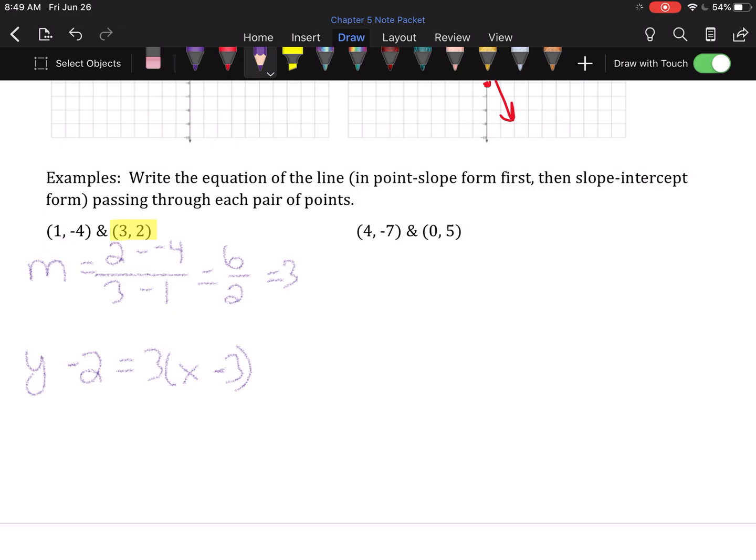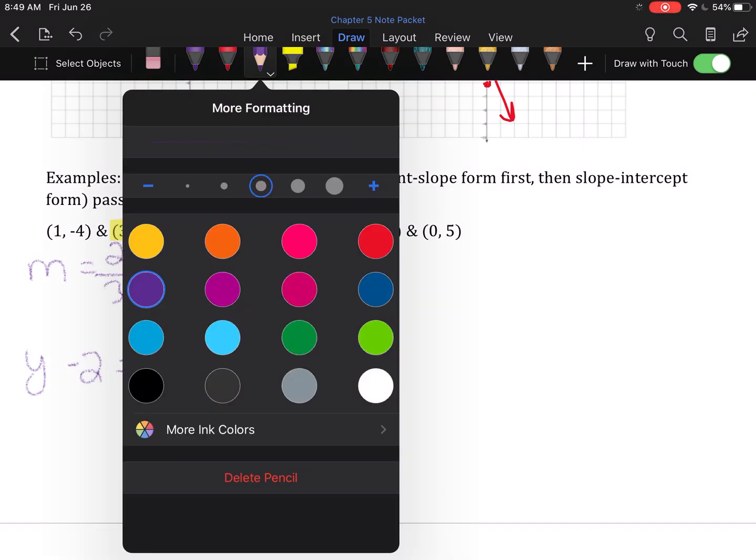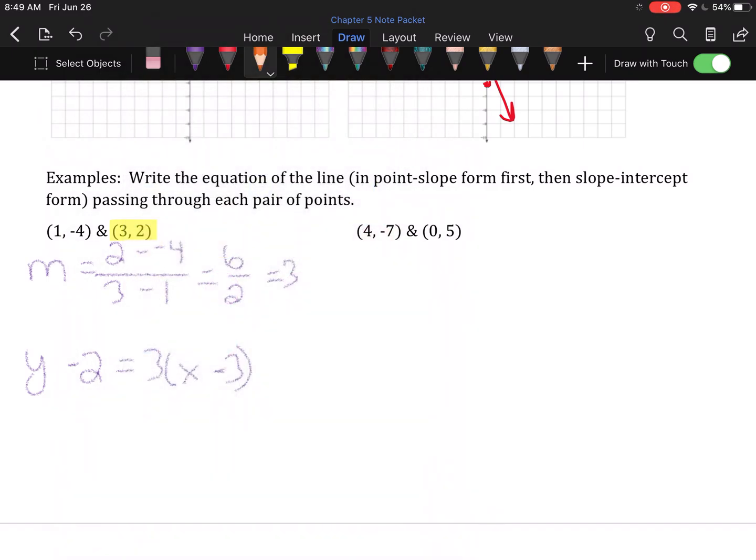To get that slope-intercept form, you need to do 2 pieces of manipulation to this equation. Okay, so that's your point-slope form. We're going to leave that one alone. To change this to slope-intercept form, we will distribute the 3 that's on the right side. So 3 times x is 3x. 3 times negative 3 is negative 9.